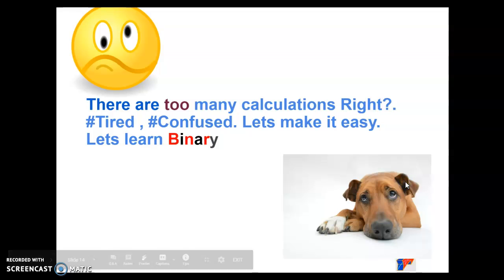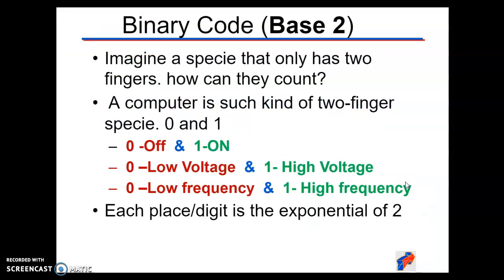So many calculations. You are tired, confused. Let's make it easy. Let's learn binary. So binary is super easy. You just need 2 numbers, which is 0 and 1. And the computer is like that. So you could have on and off. How do you show on and off? You could use a button to turn on and off, or in electricity, you could show low voltage as 0 and high voltage as 1.